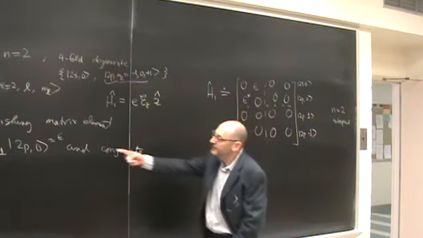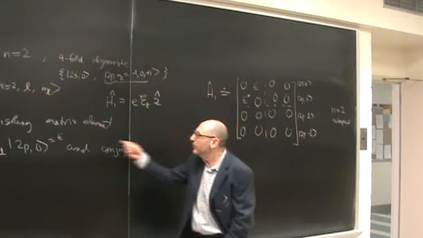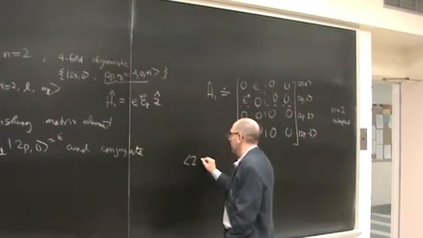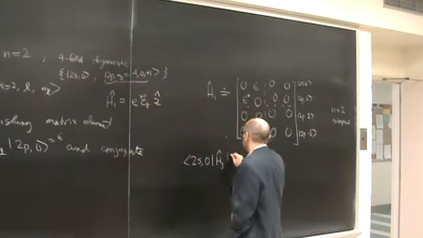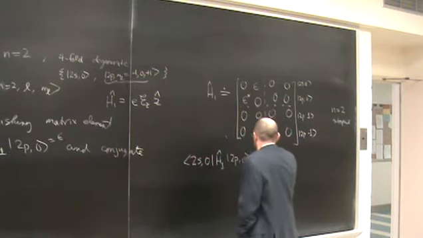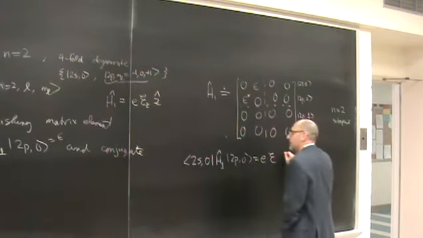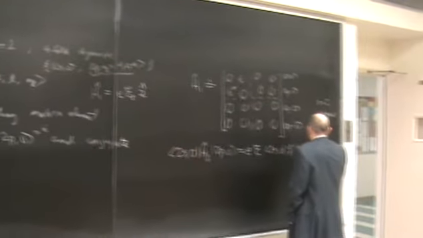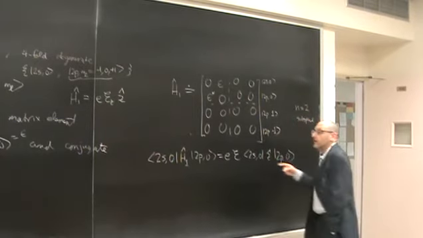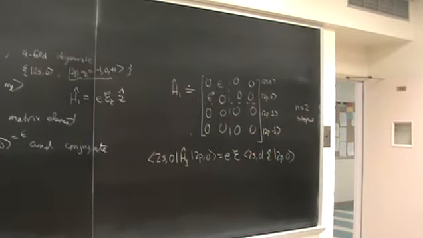This actually turns out to be a real number. We do it exactly the same way that we have done before. We write this as a wave mechanical matrix element in terms of the radial wave functions and the Y_LMs.